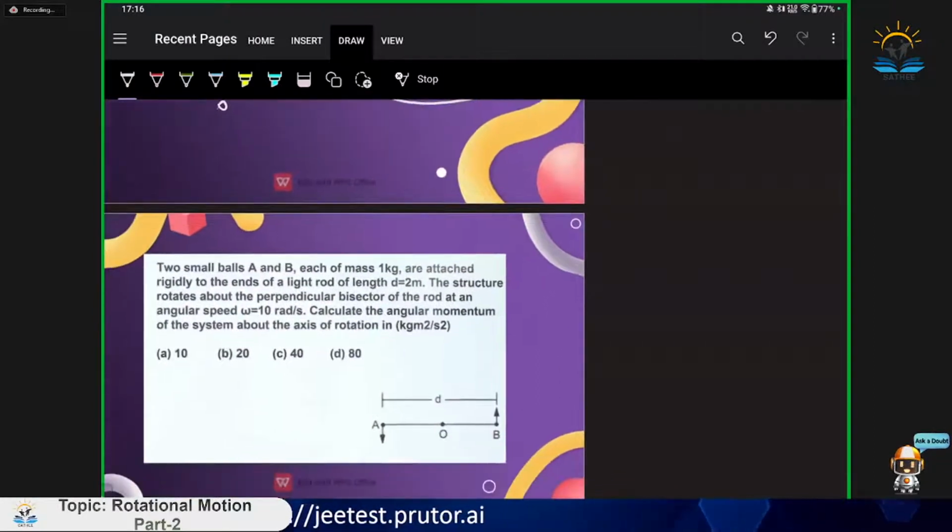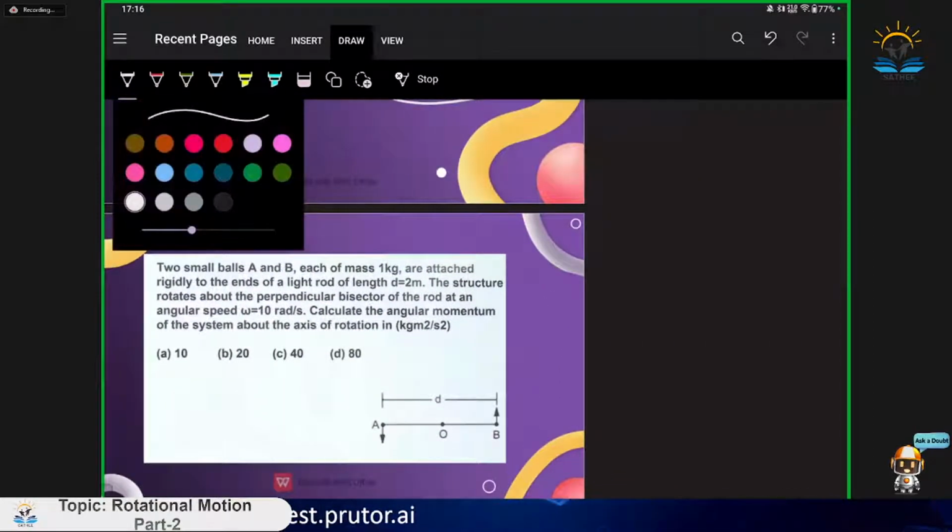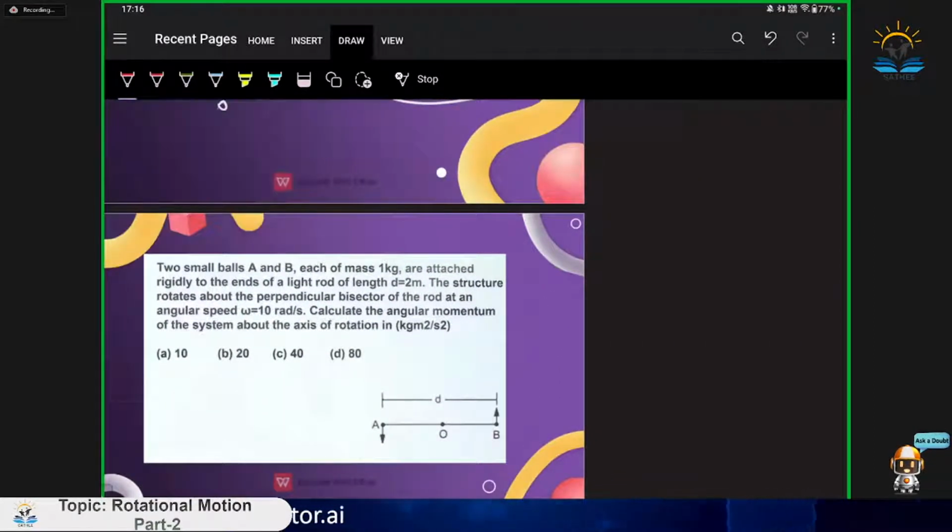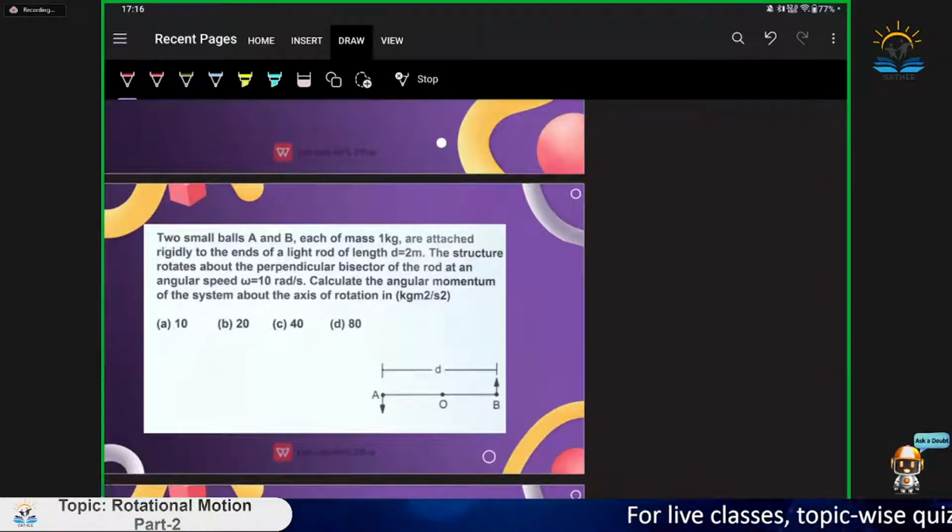Let's see one question. Two small balls A and B, each of mass 1 kg, are attached rigidly to the ends of a light rod of length d equal to 2 meter. One mass is here, one mass is here, both having 1 kg mass.